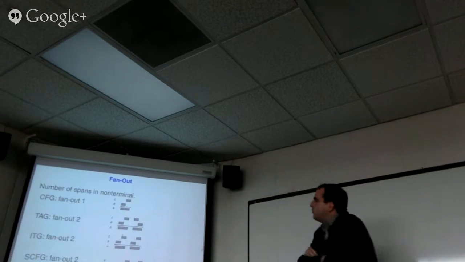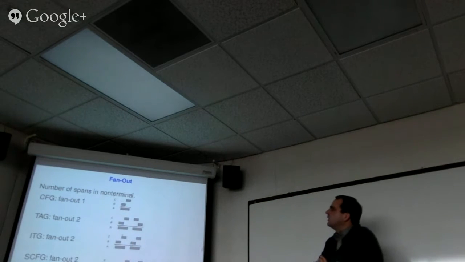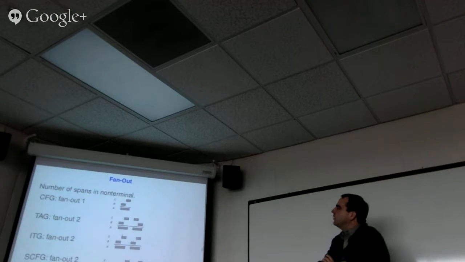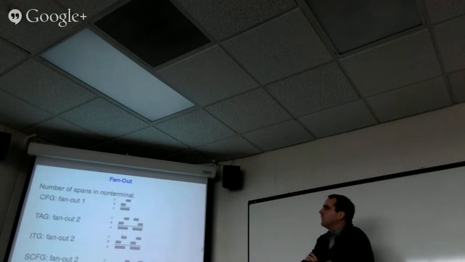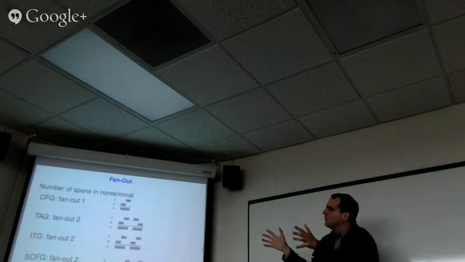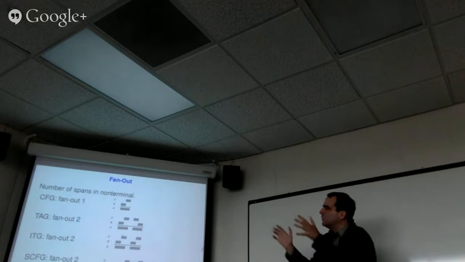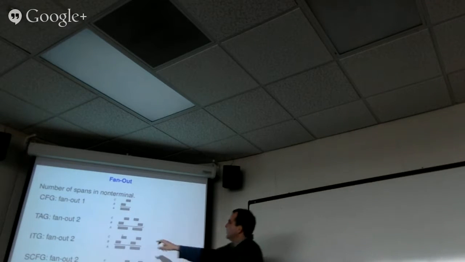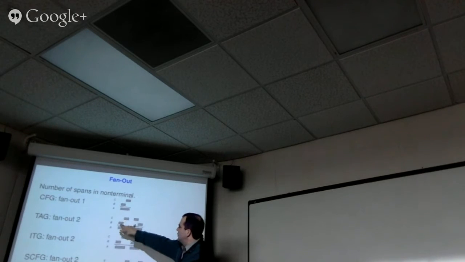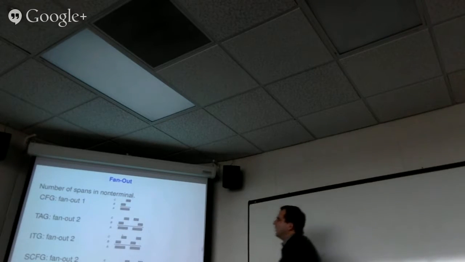Okay, so we have these pictures. How can we analyze them? One way to analyze them is fan out. Fan out means the number of spans that the non-terminal generates in the string. And so if the fan out is 1, that's context-free grammar. So it's kind of the normal situation. One symbol generates one substring. Tree adjoining grammar, we have these two spans, so that's fan out 2.